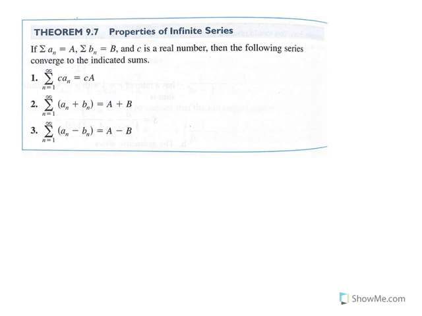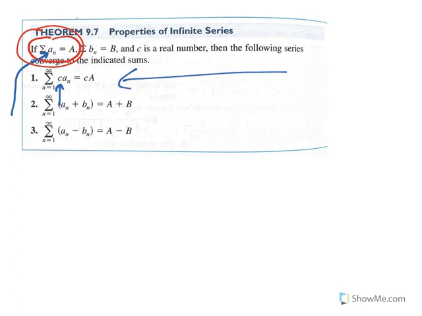So given that the series here converges to A, if you multiply the nth term of that series by the constant C, then it's like you're multiplying every single term of this series by the constant C. So the sum of the series here in number 1 will be C times the sum of the series that we have in the hypothesis.